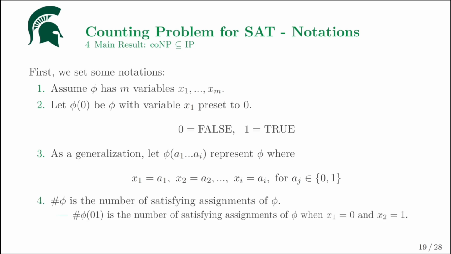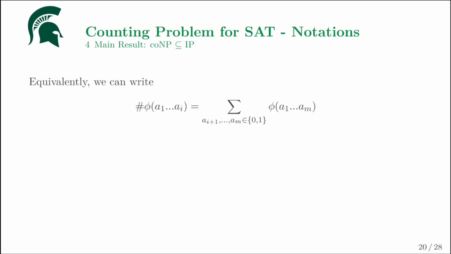And lastly, number phi is the number of satisfying assignments of phi, meaning that number phi of 0, 1 is the number of satisfying assignments of phi when x1 is set to 0 and x2 is set to 1.